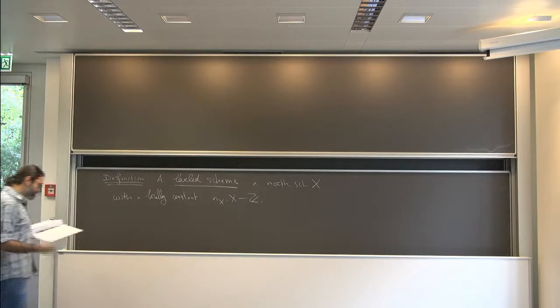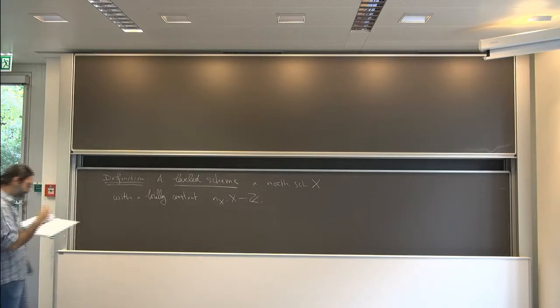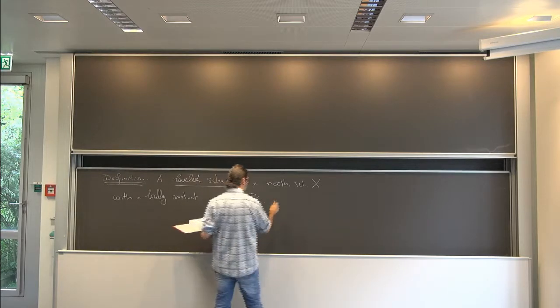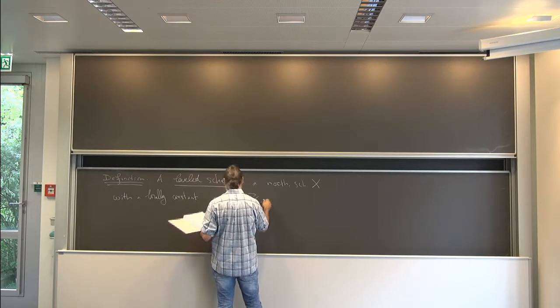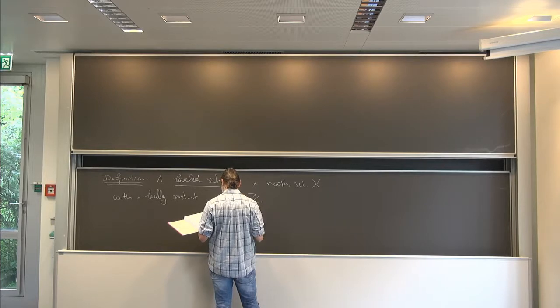So if X is connected, this is simply just an integer. Then the interesting thing is maybe rather the notion of morphism of leveled schemes.